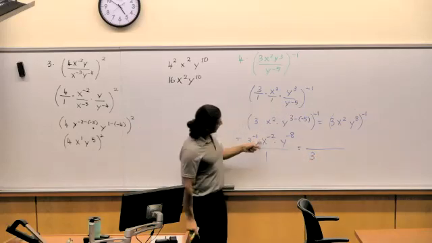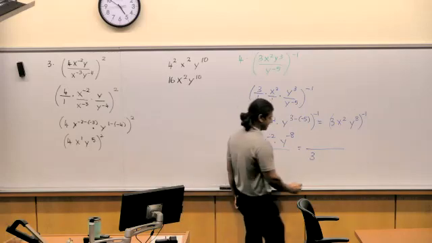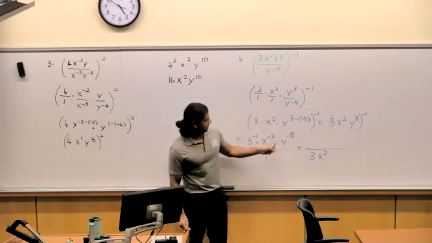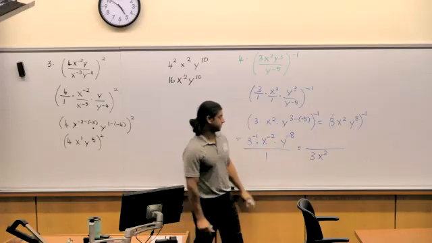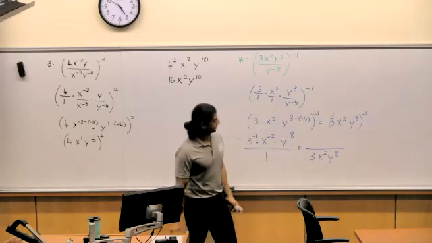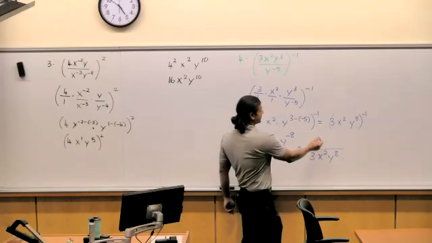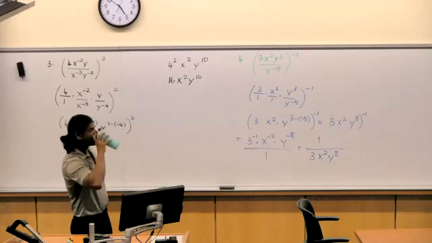If I move x raised negative 2 from the numerator to the denominator, I will have x raised 2. If I move y raised negative 8 from the numerator to the denominator, I'll have y raised positive 8. Once I bring all the terms down, I'll be left with 1 in the numerator.